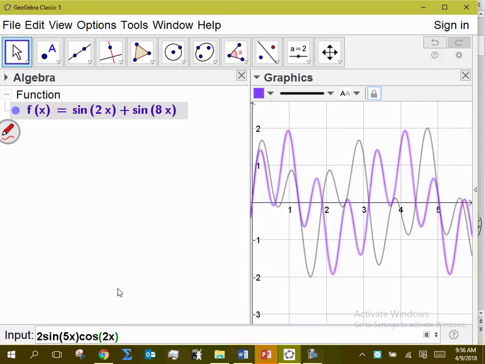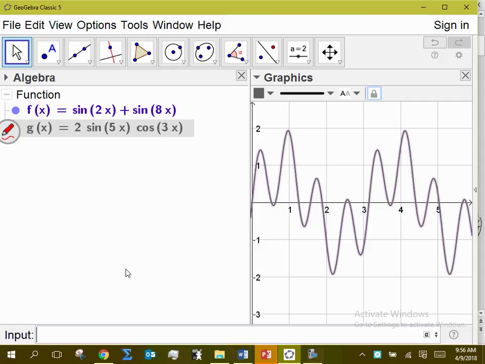No, it wasn't 2x. 3x. Do those two graphs overlay each other? Okay. So there may at some point be a benefit from going from maybe f of x to g of x, or from g of x to f of x. Okay, and that's one of the approaches that we can use to do that.